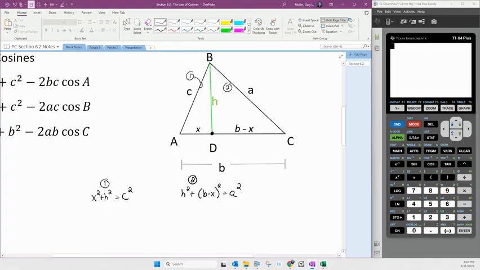All right. I'm going to probably FOIL out the second triangle. So I have h squared plus b squared minus 2bx plus x squared equals a squared.